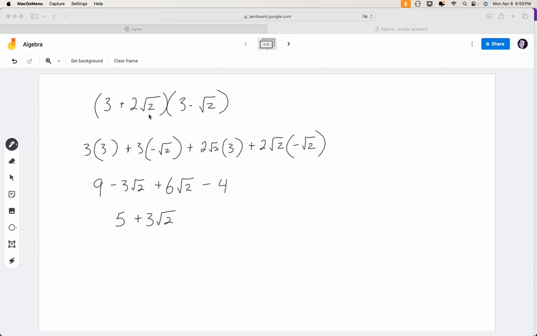And 2 times square root of 2 times -square root of 2, these two make -2. So 2 times -2 is -4. So I combine 9 and a -4 to get a +5, and a -3 times square root of 2 plus 6 times square root of 2 to get a +3 times square root of 2. And that would be my answer.